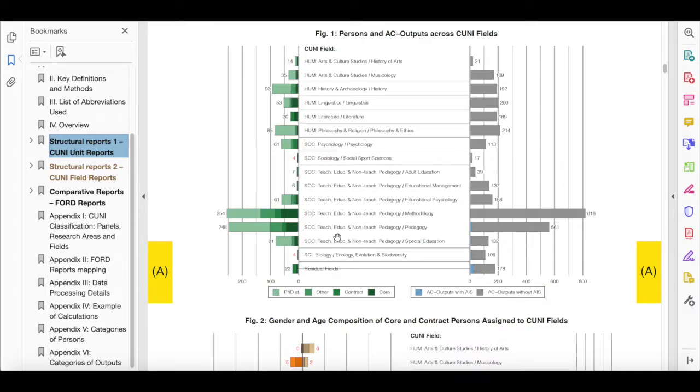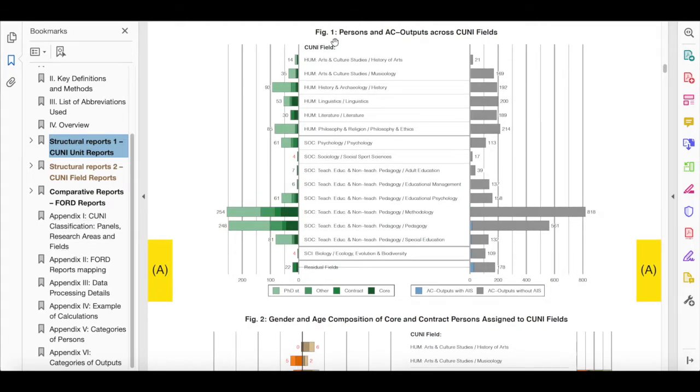Fields are ordered by panels visually separated by bold horizontal lines, and by areas visually separated by thin lines. Each field name concatenates the abbreviated name of a panel, the name of a research area where a given field belongs, and the name of the field itself. For more details about the structure of scientific fields, research areas and panels, see Appendix 1.